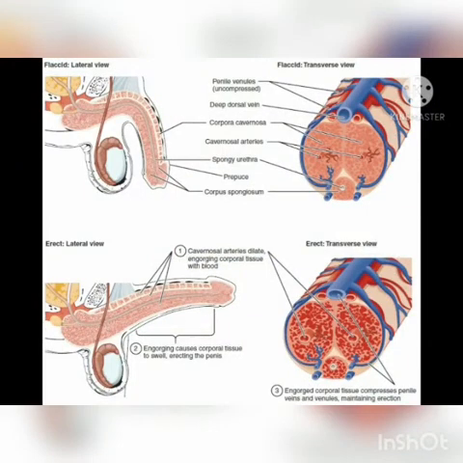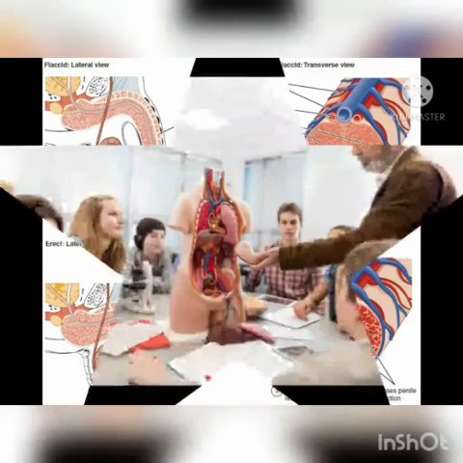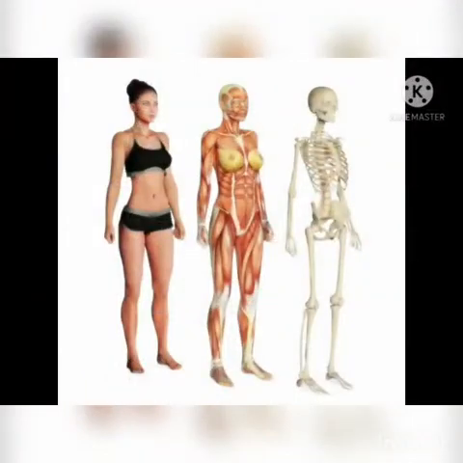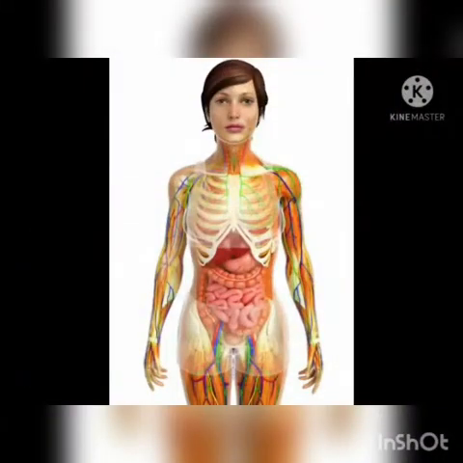Ana and tomy mean apart and cutting. The process of cutting apart and seeing is called anatomy, and the same meaning also applies to dissection.